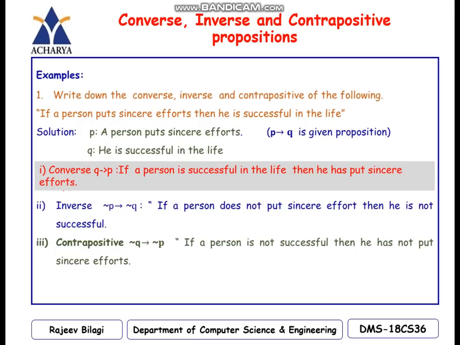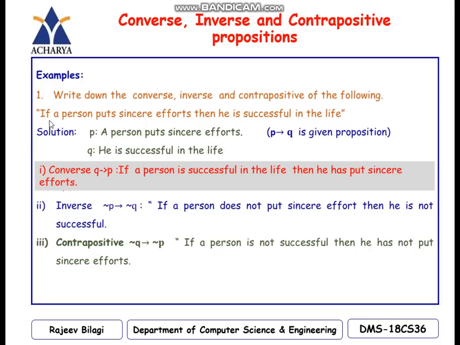If I write down the different propositions for this, P is a person puts sincere efforts. Another statement, Q, is he is successful in life.